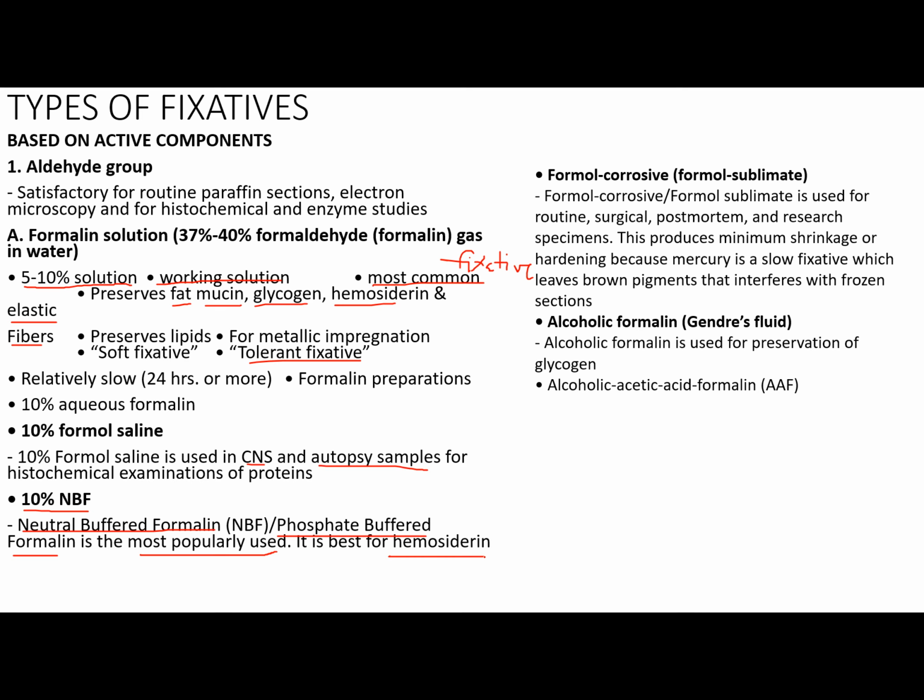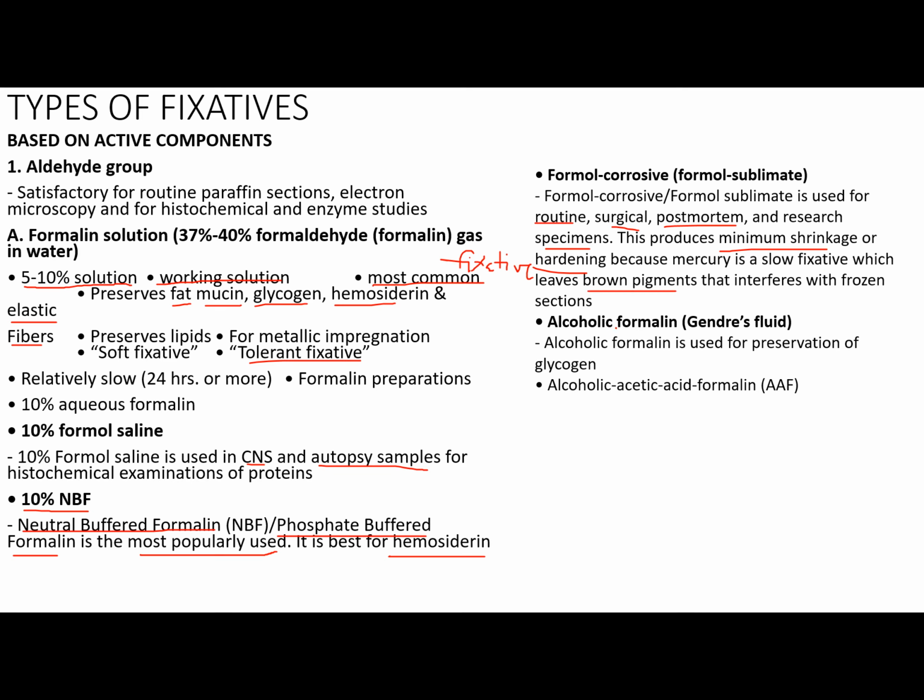Then another variation or preparation is your formol corrosive or your formol sublimate. Now itong formol sublimate na to or formol corrosive is used for routine, surgical, postmortem, and research sample. This produces minimum shrinkage or hardening because mercury is a slow fixative, leaving brown pigments.